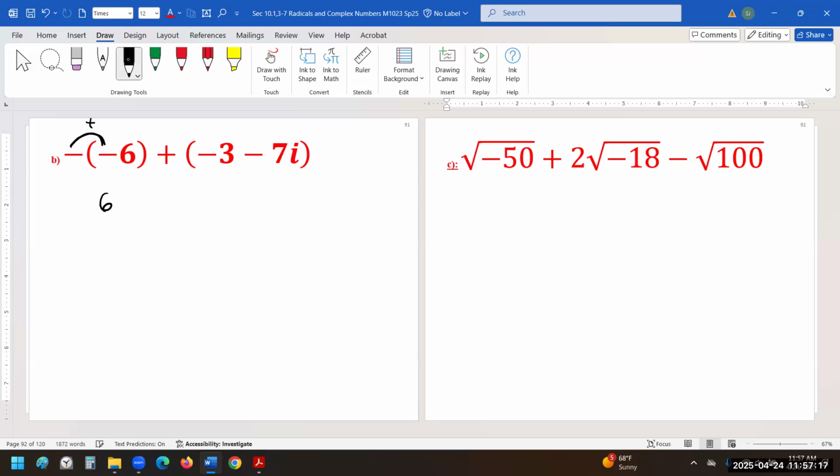It's actually 6 plus -3 minus 7i. So we can ignore the plus sign. It's 6 minus 3 minus 7i. The real portion is 6 and -3. What is 6 minus 3? 3. And then we have -7i.